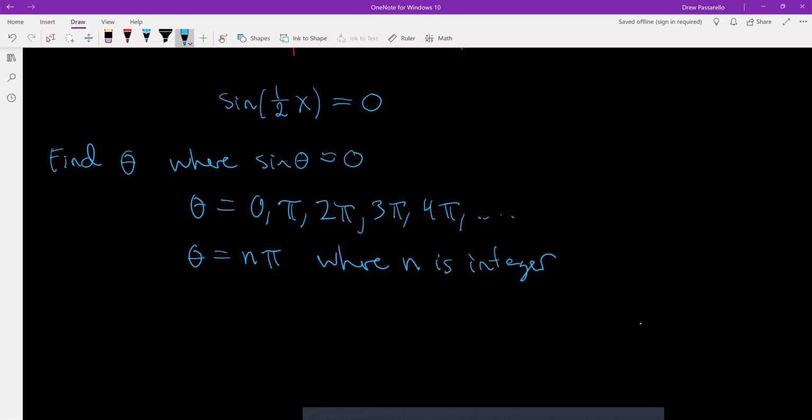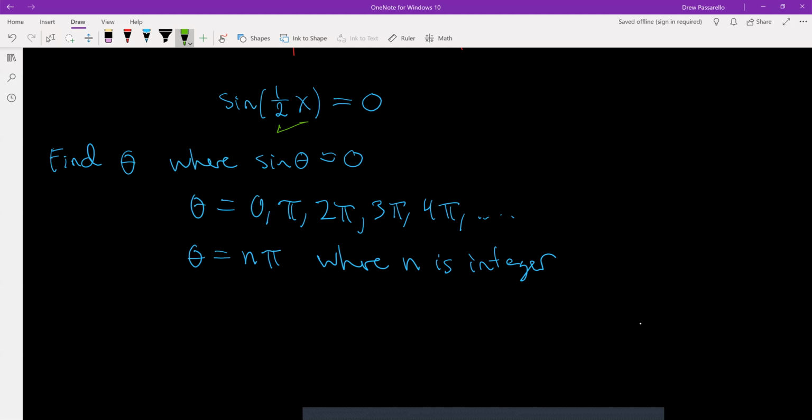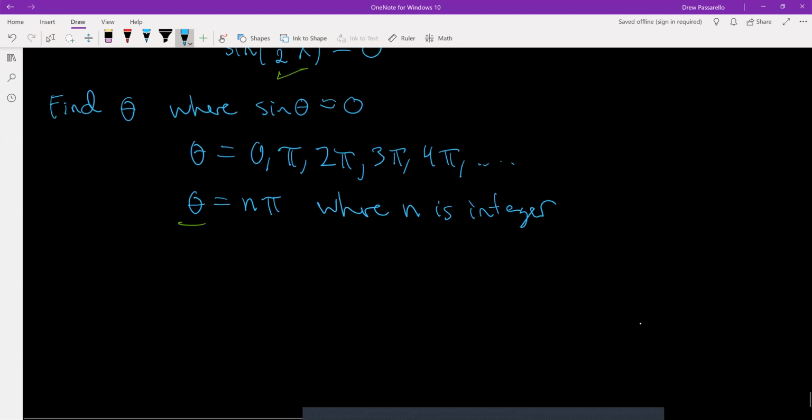All right, in this case, now I just substitute 1/2 x in for theta. So sine of 1/2 x equals 0 when, instead of theta equals n times pi, it's 1/2 x equal to n times pi.